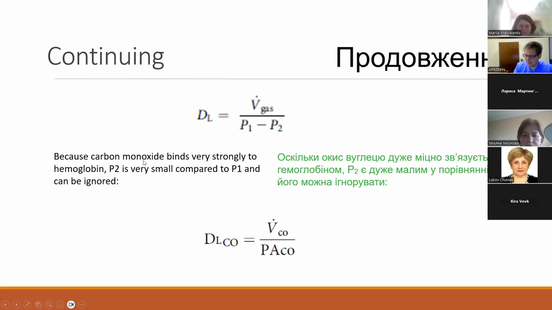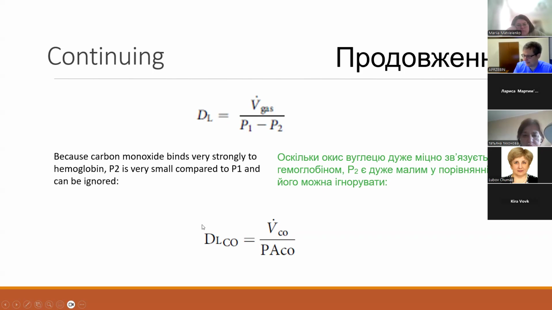And because carbon monoxide binds very strongly to hemoglobin, the partial pressure of carbon monoxide in the capillary is very small compared to what's in the alveolus. So as a good estimation, you can ignore this P2 when you're calculating the diffusion capacity of the lung. And that's again because we chose carbon monoxide.